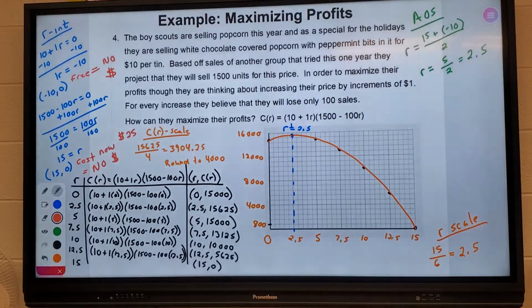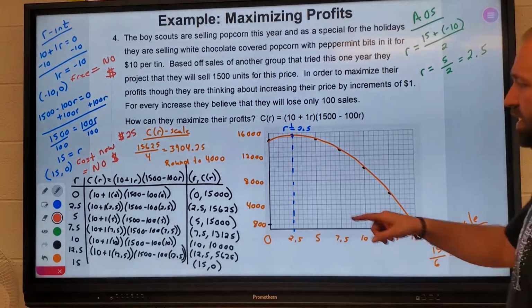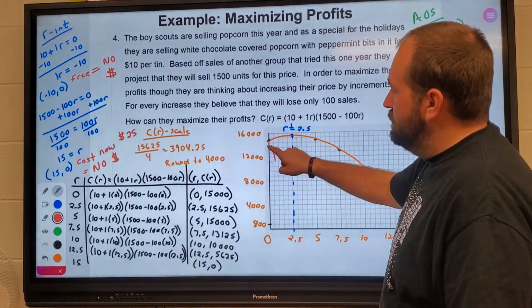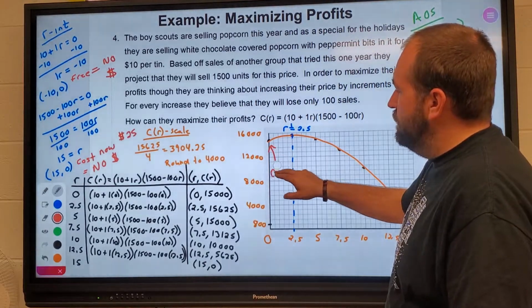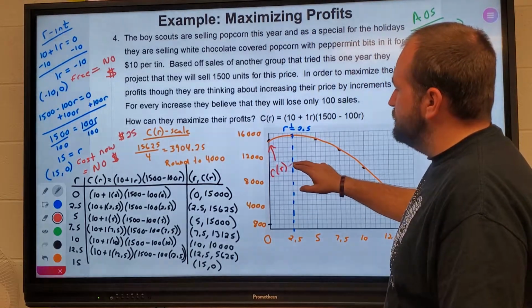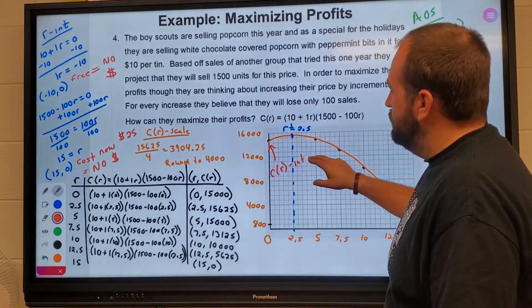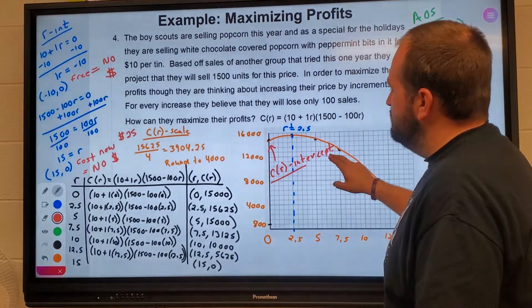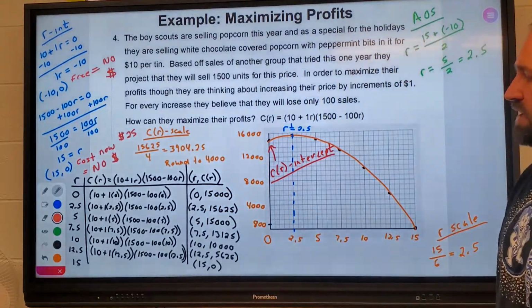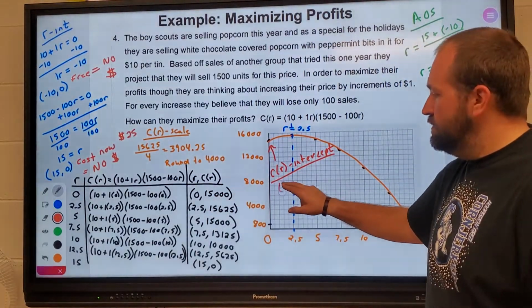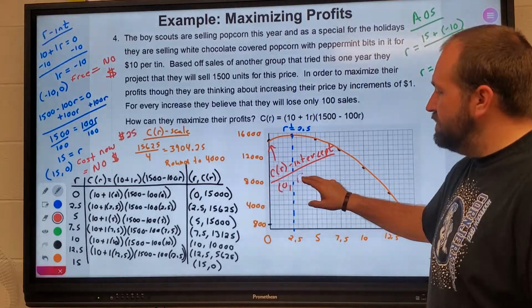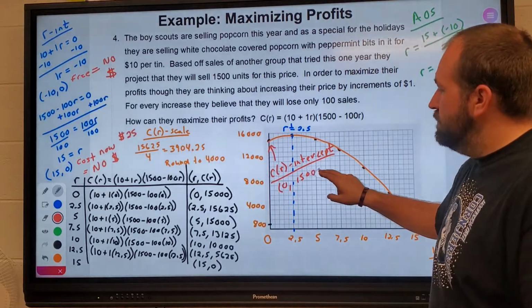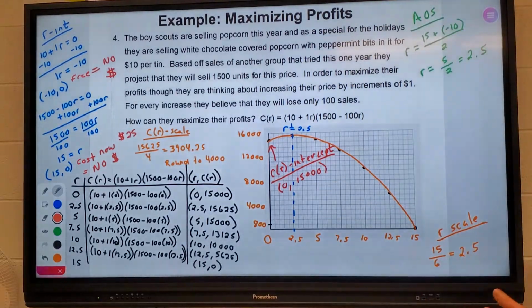Finding that C of R value, then it comes from right here. So my C of R intercept is again my first ordered pair in my table, so 0, comma 15,000. Okay, and what does that mean in this context?